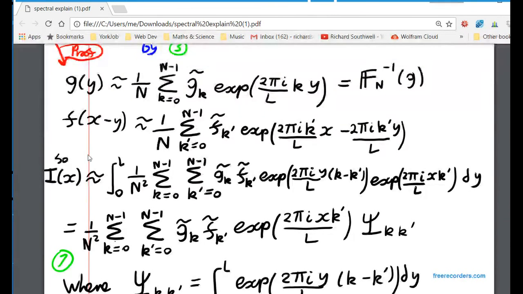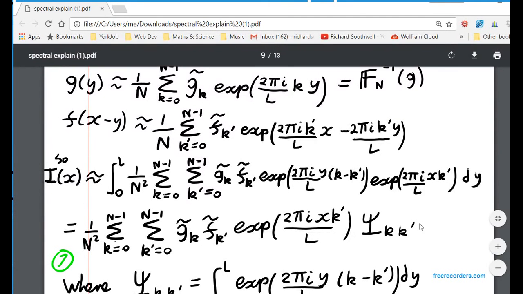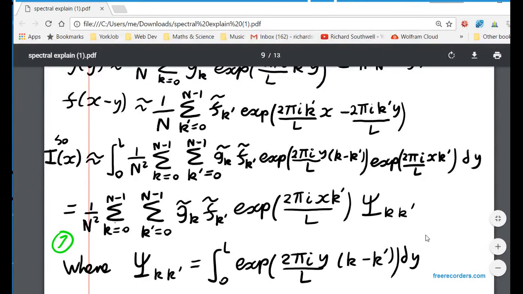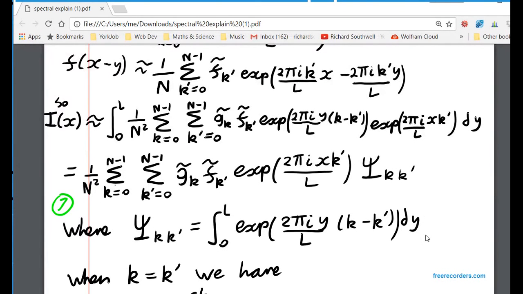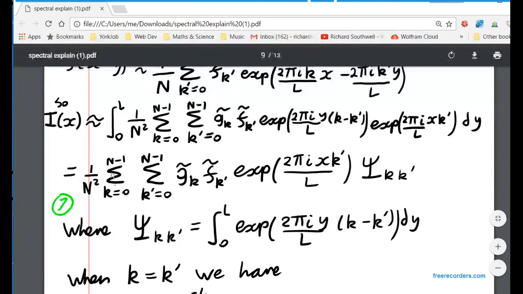So we can rearrange these. Basically, we can do some kind of recombination with our exponentials, rewriting them. And I'll just introduce this constant psi kk dash, which is given by this integral here.